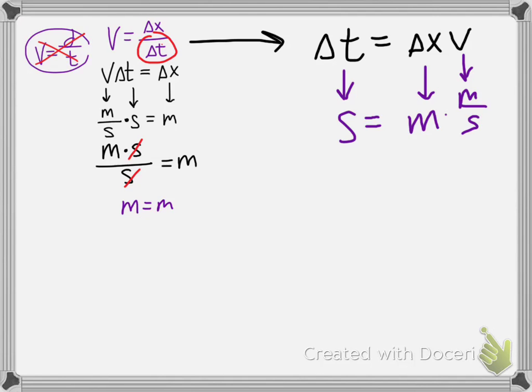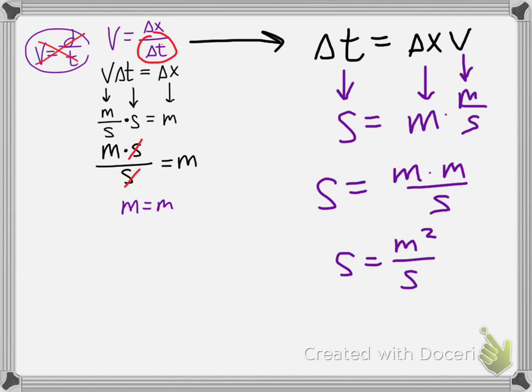And I'm going to go ahead and do the math. I'm going to do the algebra. So that says seconds equals meters times meters over seconds. If I continue this to its logical conclusion, seconds equals meters squared over seconds. Is that true? No. So this is where we would put a does not equal. That slash through the equal sign means does not equal.